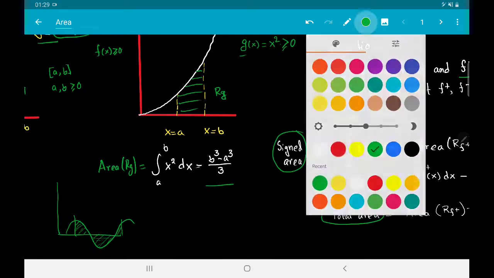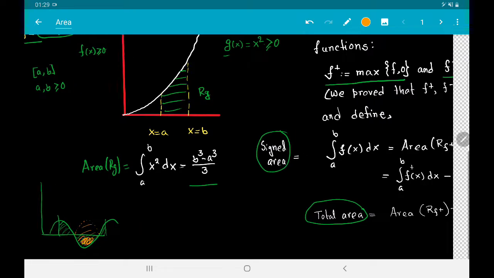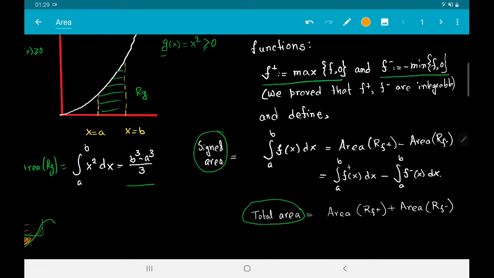So what it gives us is that this area gets reflected by the x-axis and gives an area like this. Since these two functions are now non-negative, we know how to make sense of these two areas. And it turns out that the integral of f(x) over the interval [a, b] is just the difference between these two areas.